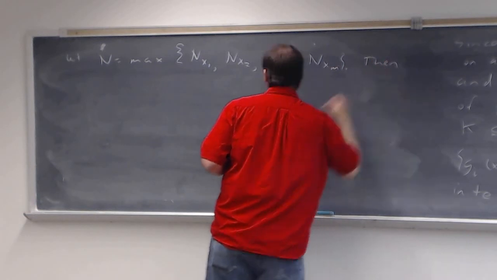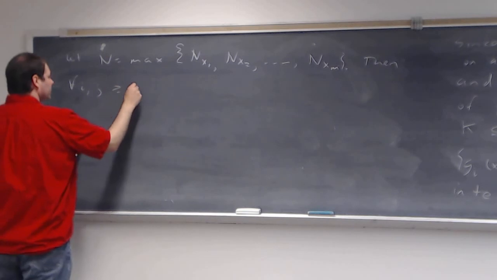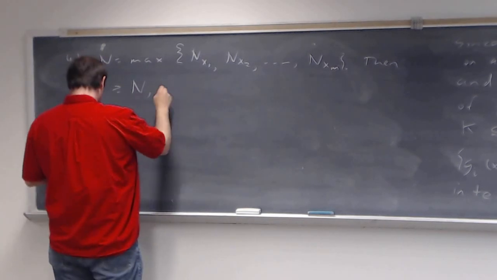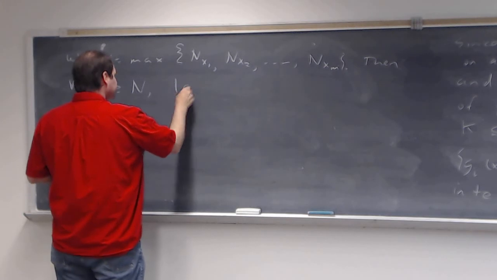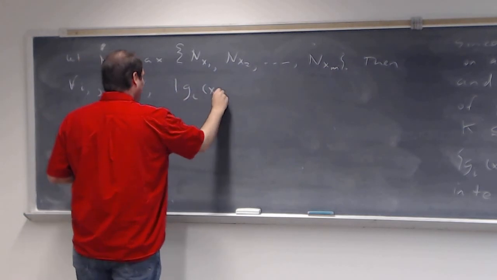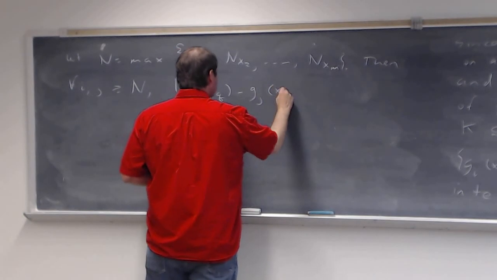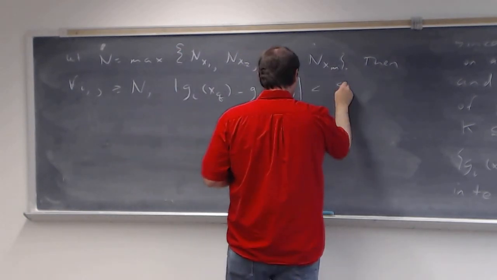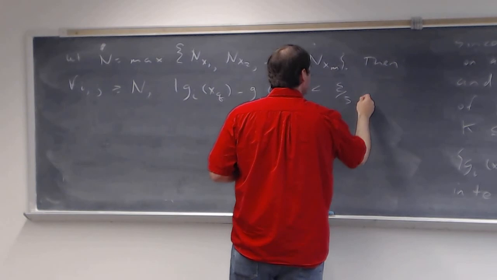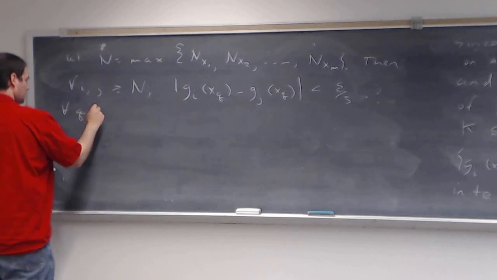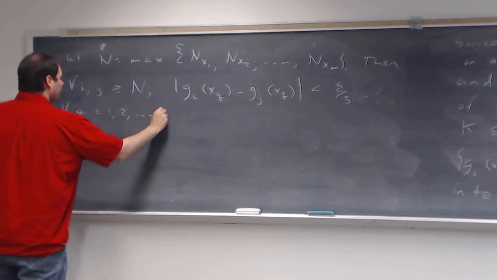Then, for all i and j bigger than or equal to big N, we have that |g_i(x_q) - g_j(x_q)| will be less than epsilon over 3. And that's true for all q equal to 1, 2, all the way up to m.